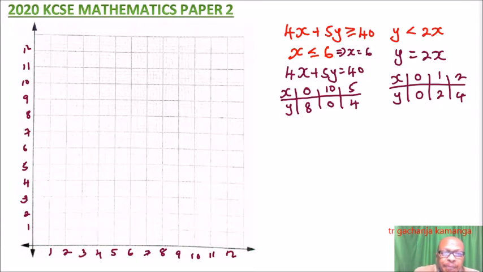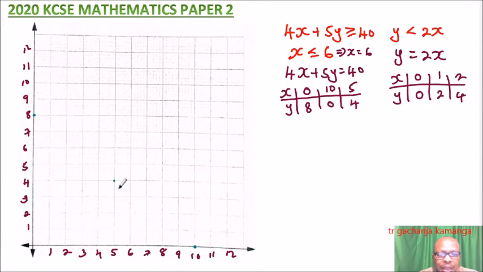So we say when x is 0, y is 8. So that's where you can use a dot or an x to mark your point. When x is 10, y is 0. Like that is where we put. When x is 5, y is 4.